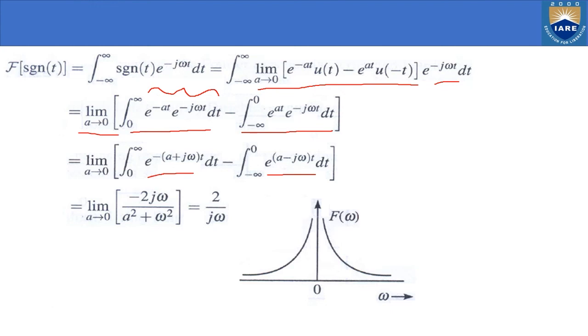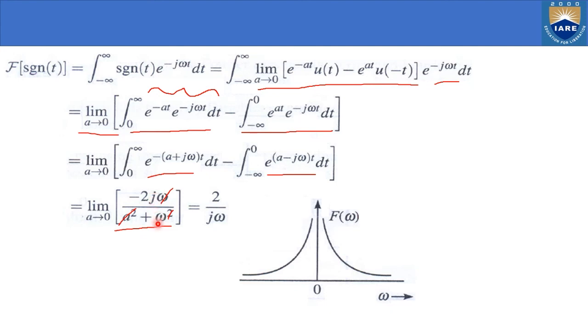Then if I proceed further separately, I can get, as a limiting case of a equal to 0, this. So what it means: if I substitute a equal to 0, the a will go away, then one omega will go away from this omega and this omega. You multiply both sides, numerator and denominator, with j.